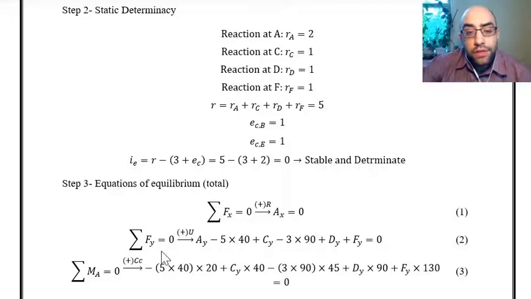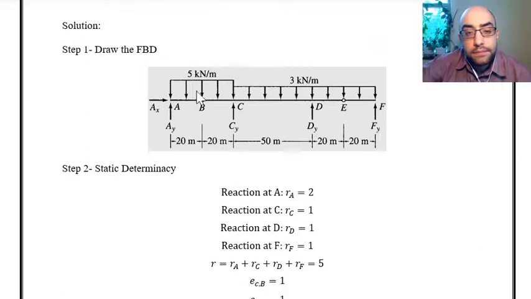The next equation is summation of forces in y direction equal to 0. And I have to look at the free body diagram. I have AY, CY, DY, and FY, 4 unknown values. And the other things that I have as the vertical forces are these uniformly distributed loads.